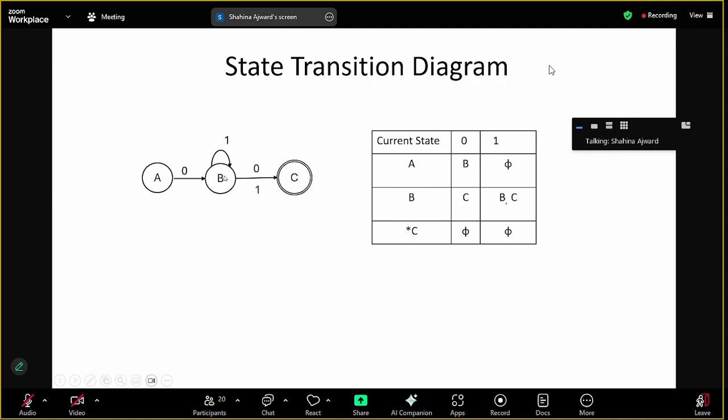Since it is an NFA, we can have multiple transitions for one input symbol, right? So we write it as B comma C, right? So it should go to B or C, either B or C.